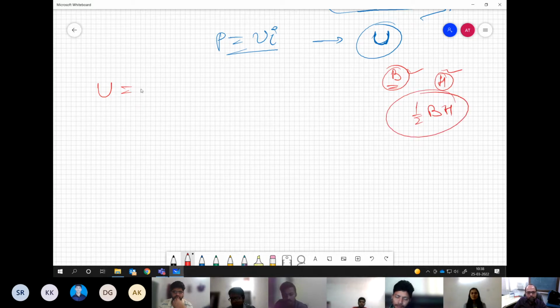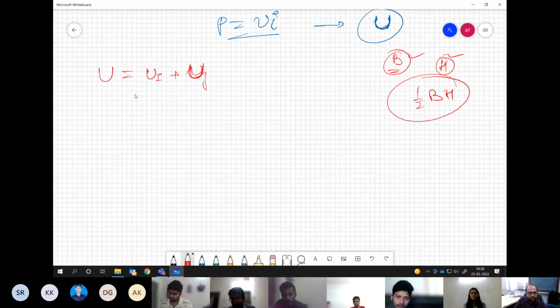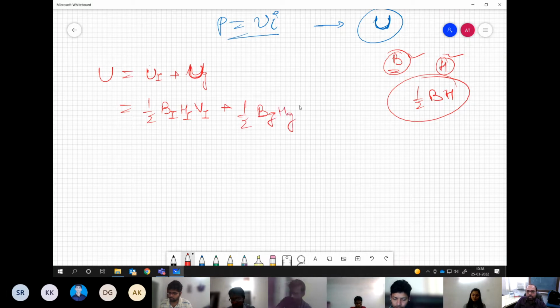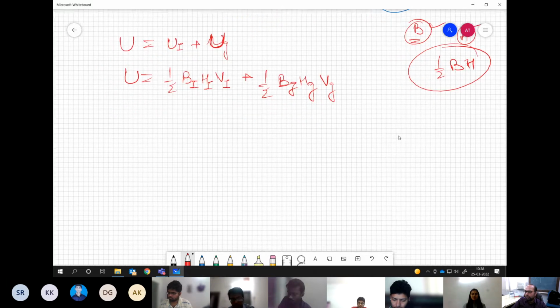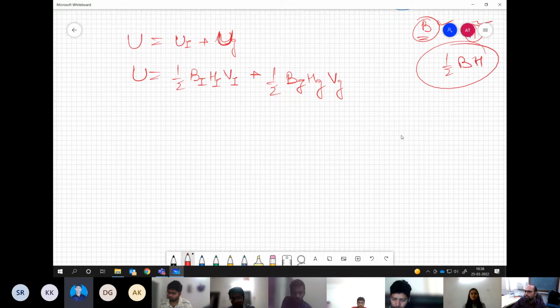Now, for the total energy, let's say there are two parts, the iron part and the air gap part, Ui and Ug. So we will certainly have the iron part energy as half Bi Hi times Vi, where Vi is the volume of the iron part. And similarly, for the air part, we will have half Bg Hg and Vg, right? Correct? Yes, sir.